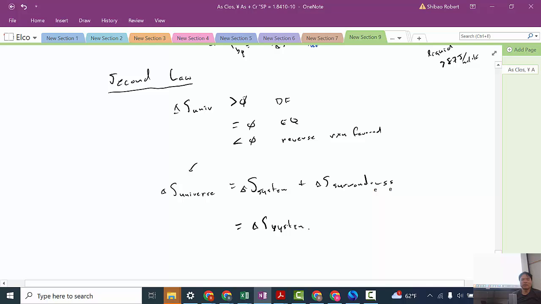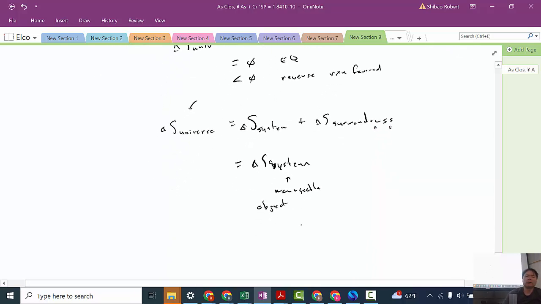We have two types of systems that we look at. One is what, and the other is what. This is manageable, because we're either talking about heating or cooling an object, or we're looking at a reaction.